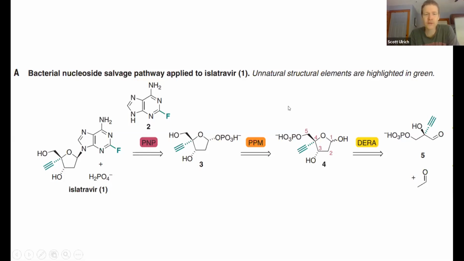The easiest way to understand this is that their planned route actually begins at the right, with compound 5 and the acetaldehyde. They think they can put those together using the DERA enzyme to make compound 4. Then they think that they can treat compound 4 with an enzyme to make compound 3, and that they can make compound 3 into islatravir by combining it with compound 2.